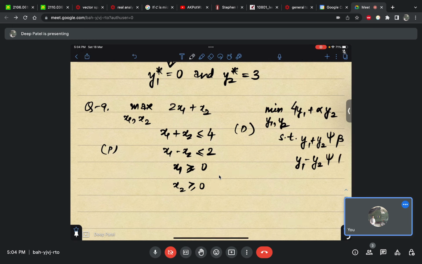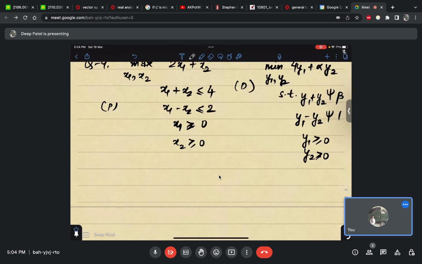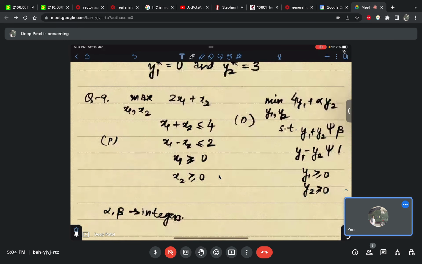Beta is also some constant, psi is some symbol, so I'll explain in a moment. Alpha and beta are integers, so there's an alpha here and there's a beta here.